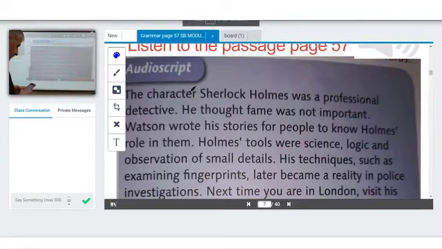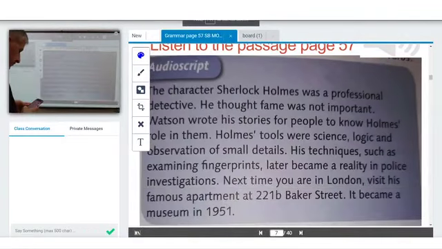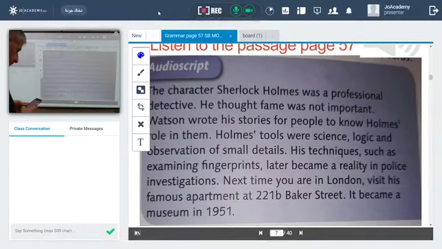Module 5, page 57, exercise 3. The character Sherlock Holmes was a professional detective. He thought fame was not important. Watson wrote his stories for people to know Holmes' role in them.